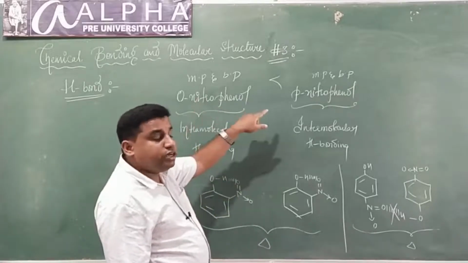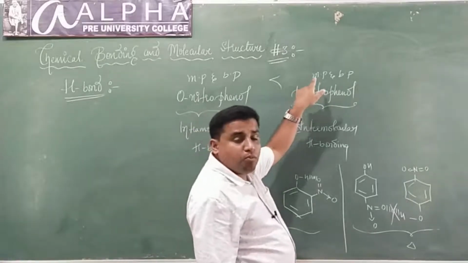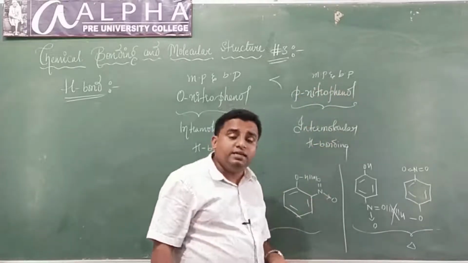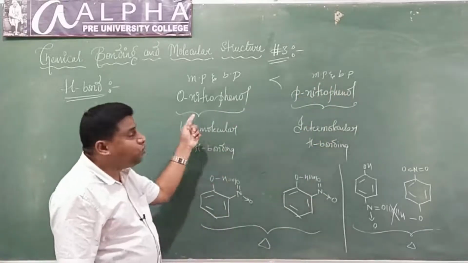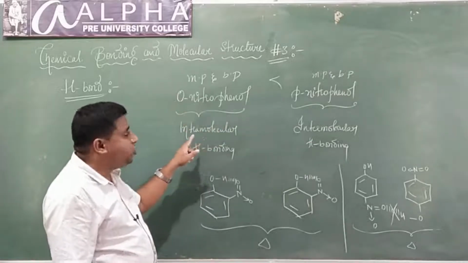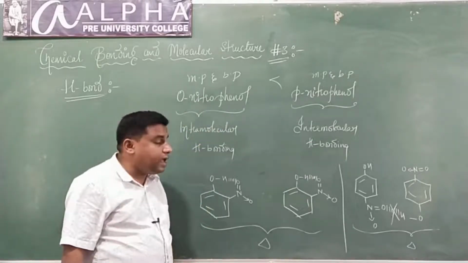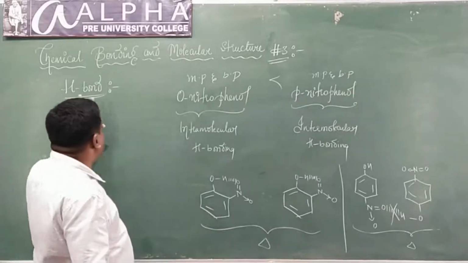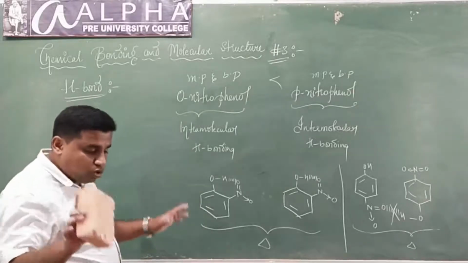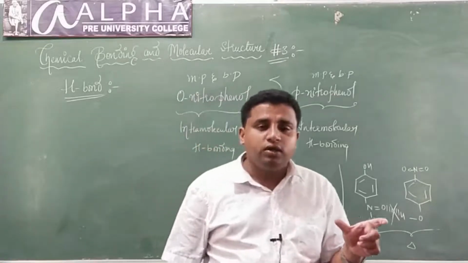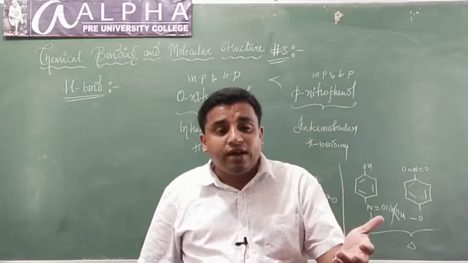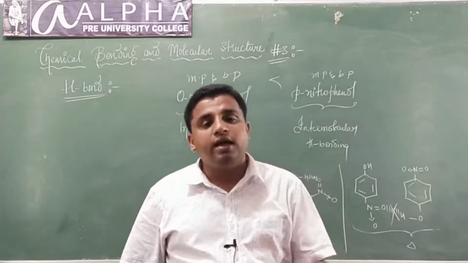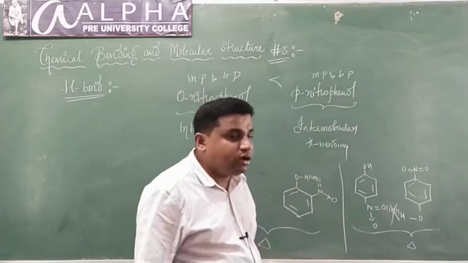Hence my conclusion is that the melting point and boiling point of compounds having intermolecular hydrogen bonding will be more than those of compounds having intramolecular hydrogen bonding. Clear, students? So that's all about hydrogen bond. I told you what is hydrogen bond, what are the factors that affect hydrogen bond, and what is intermolecular and intramolecular hydrogen bonding.